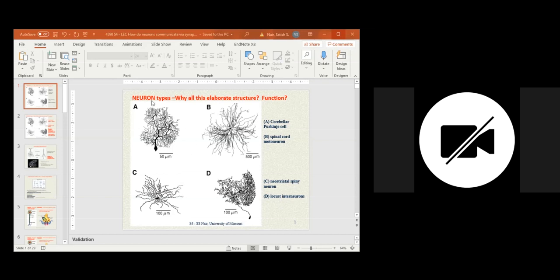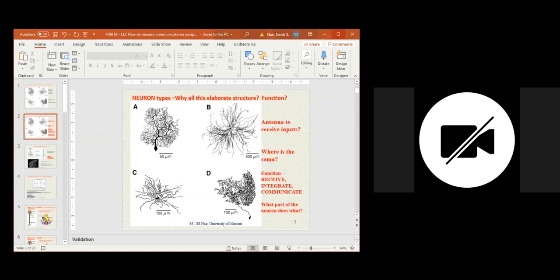Why all these fascinating and elaborate structures? What function do they serve? What is it for? So it is not very clear, although we can have good guesses. Probably it's an antenna. These are antennas to receive inputs, meaning spikes from other neurons.